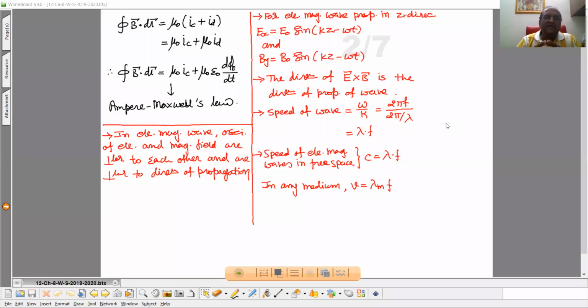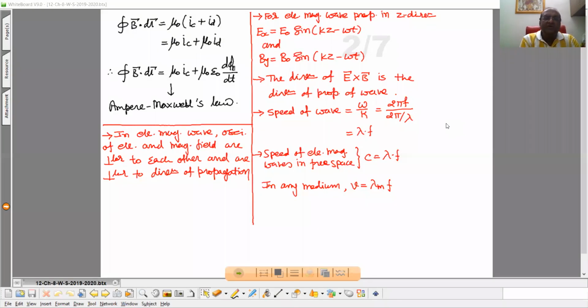Then scientist Marconi produced electromagnetic waves and succeeded in their transmission. He transmitted electromagnetic waves from one place and received them at another place. This particular work is the foundation of modern communication.